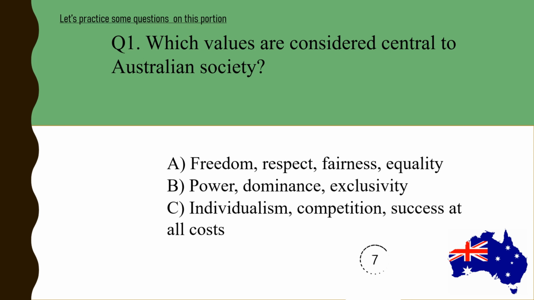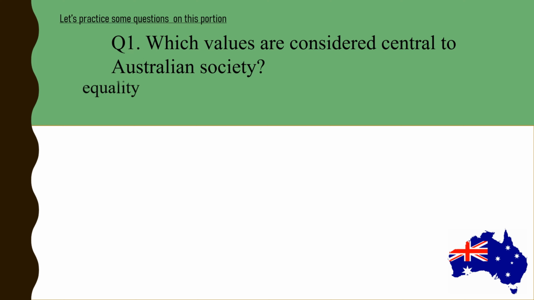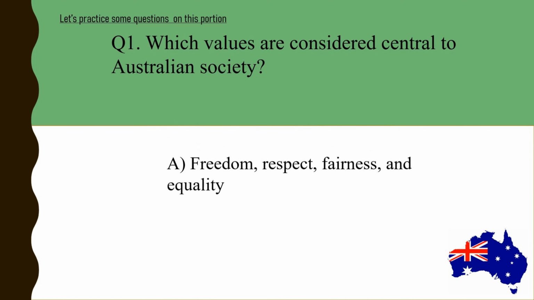Which values are considered central to Australian society? The answer is A. Freedom, respect, fairness and equality.